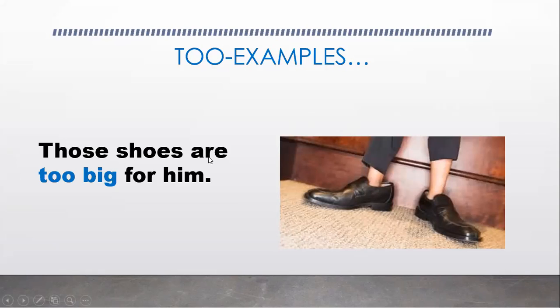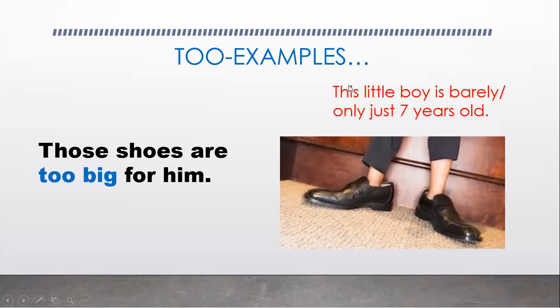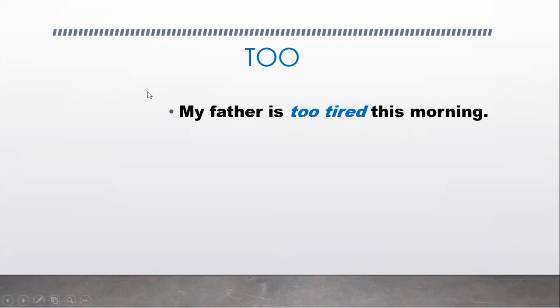Those shoes are too big for him. Okay, next example. This is the explanation. This little boy is barely, only just 7 years old. It's not 9 years old, it's 7 years old. I was confused. All right, I forgot it.